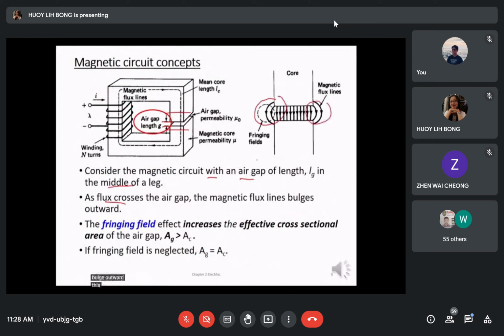This increases the effective cross-sectional area of the air gap, which is known as the fringing field effect. If the fringing field is neglected, we will assume the area of the air gap is equal to the area of the core.